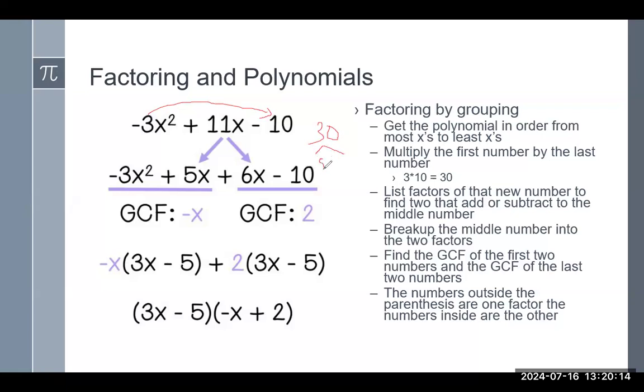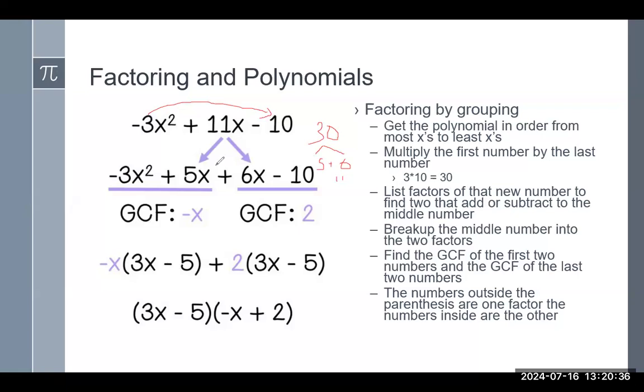And generally, the best process to do that is just to put in a bunch of numbers on your calculator until you find something that adds to 11 and multiplies to 30. So lo and behold, 5 times 6 is 30 and 5 plus 6 is 11, which is exactly what we need.